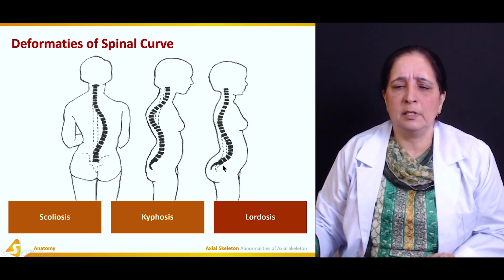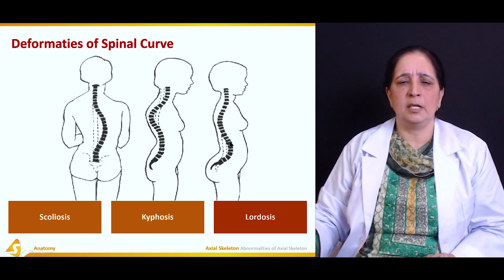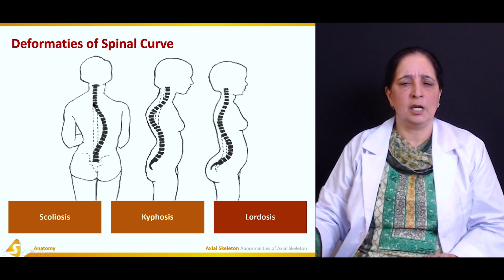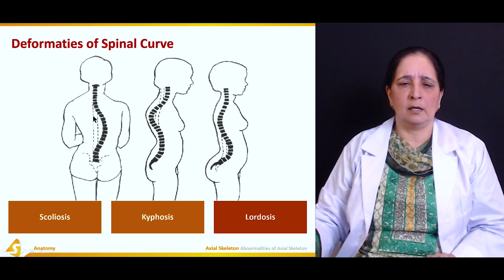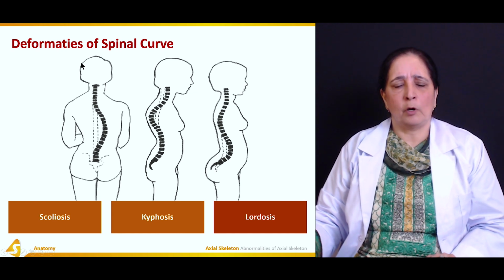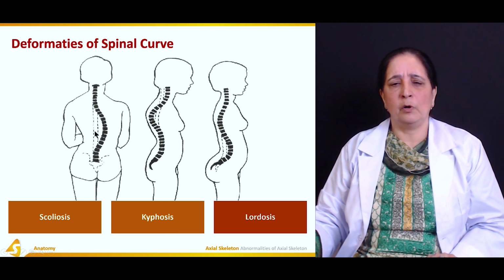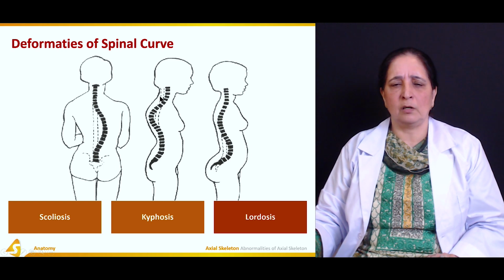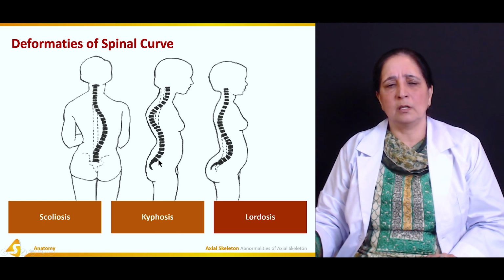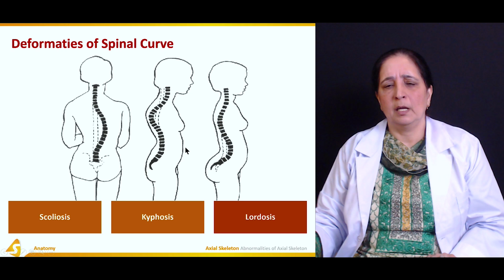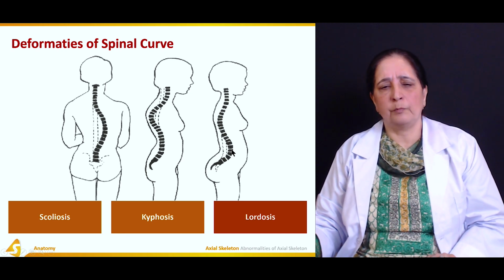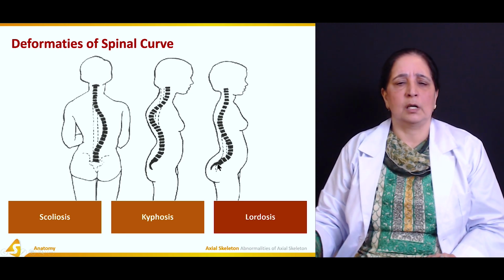Whenever this vertebral column deviates from its normal position, different problems can occur. The most important is the problem with posture and shape, because the column gives the alignment to the body. If posture is not normal, it can cause breathing problems, and different compression problems can also occur.